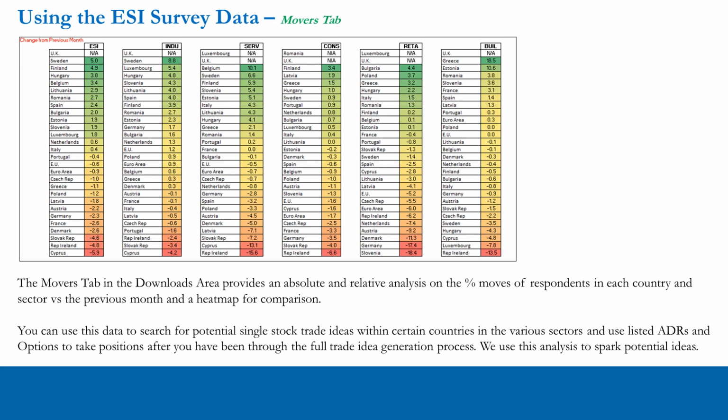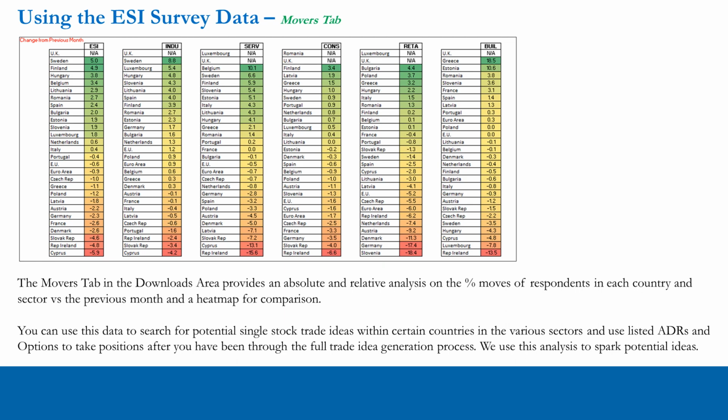We don't rank the movers in this sheet and say, okay, Greek construction is extremely positive in sentiment relative to all other countries, therefore we're just going to buy any old Greek construction stock in Europe and close our eyes and hope for the best. We don't do that, obviously. There's a lot more work to do. But it should spark potential trade ideas.